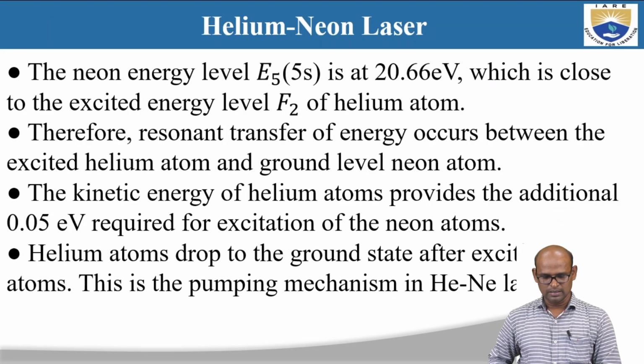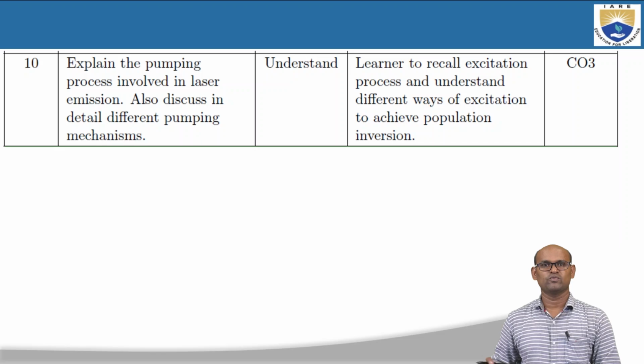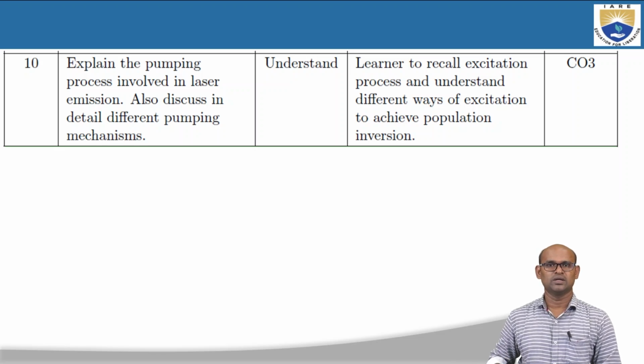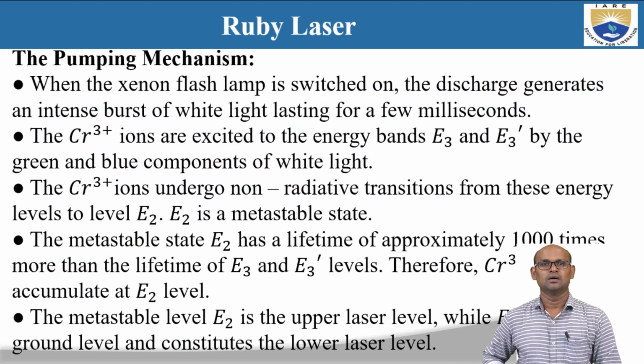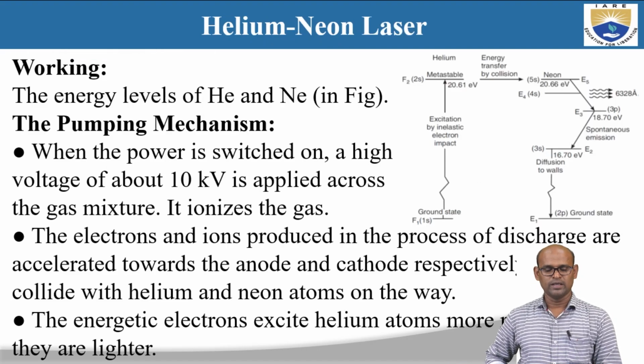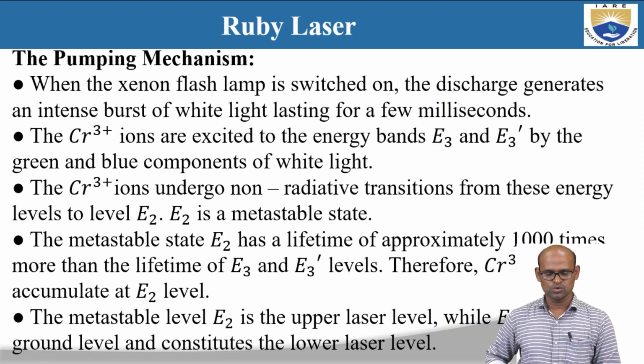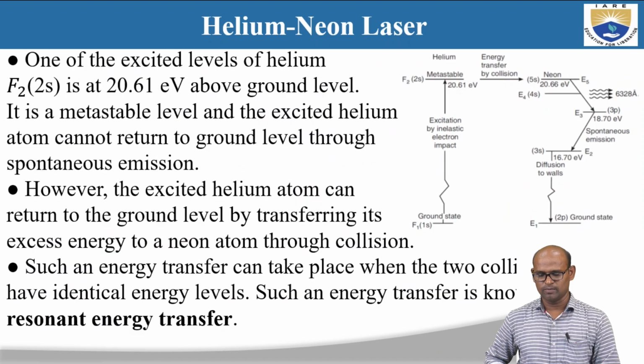Finally, we got the laser beam as output in these 2 lasers. That's how we explain the pumping process and different pumping mechanisms: a xenon flash lamp as the pumping agent in the ruby laser, and electric discharge as the pumping agent in the helium neon laser. You can explain this in detail.